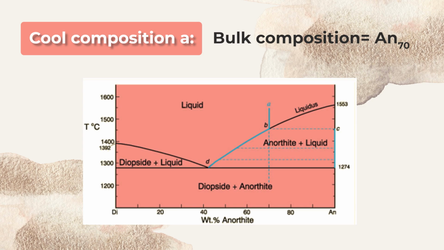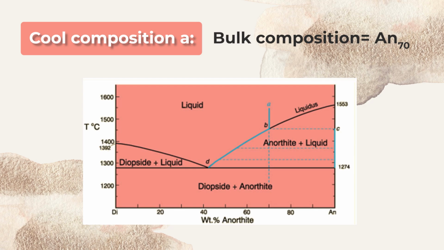On my right hand side, it starts crystallizing at 1553 degrees centigrade, and above this liquidus curve everything is liquid, and along this curve the first crystal starts crystallizing at 1553 degrees centigrade. It continues to crystallize, and let us consider a point A where the composition is AN70%.